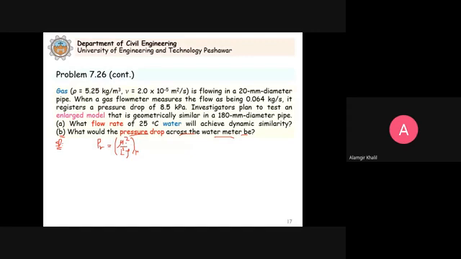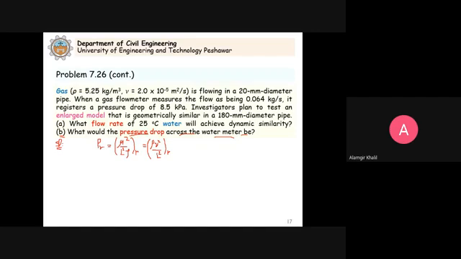This for the prototype divided by the model. And this can also be written as rho into nu square. Just you adjust, this will be equal to L square into R.